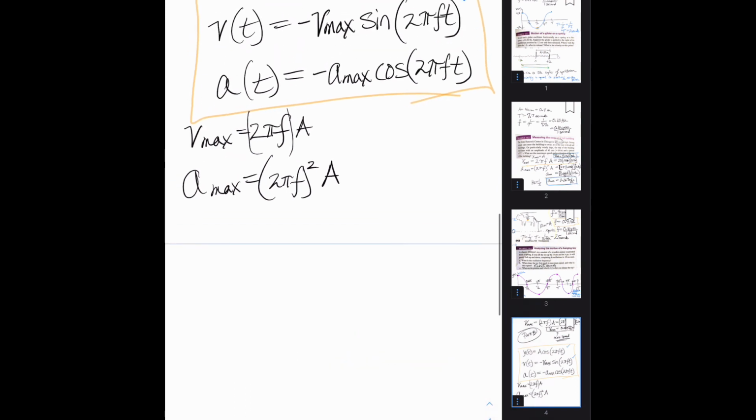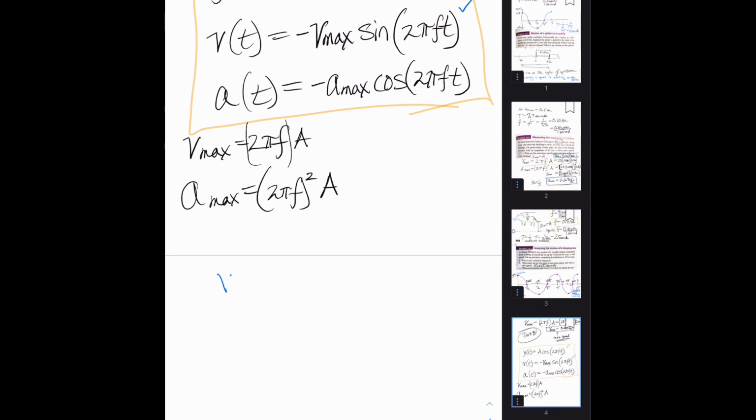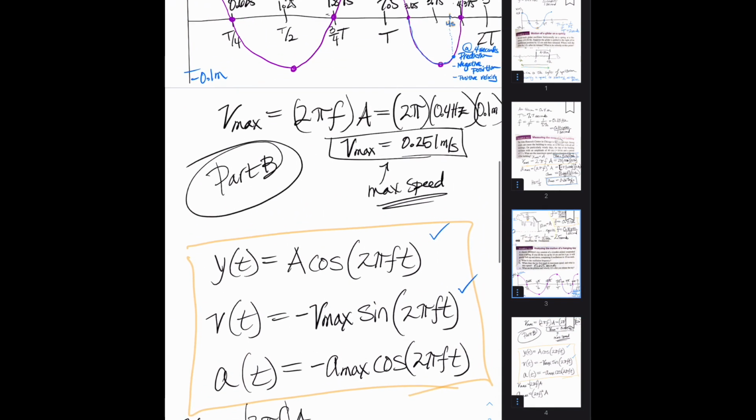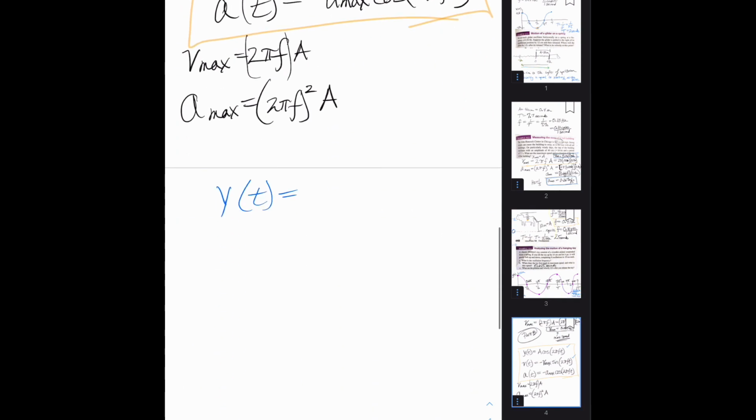Okay, so we can say then that y as a function of t, when t is equal to 4 seconds, is equal to the amplitude, which we said was 0.1 meters.